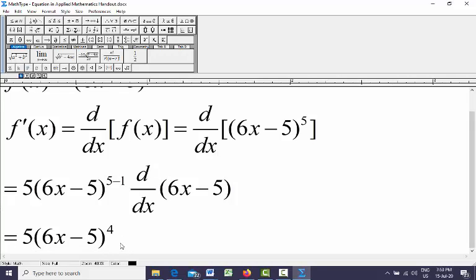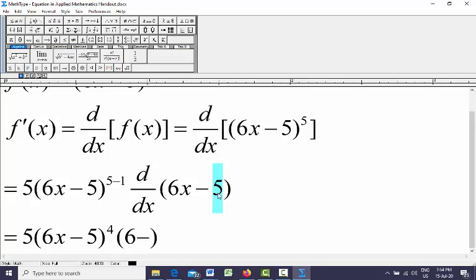And if you do differentiation of this one, as you can see, we have 6x here, so we get only 6. Then you have a minus, and if you do differentiation of this one, you get 0, because there is no x here.